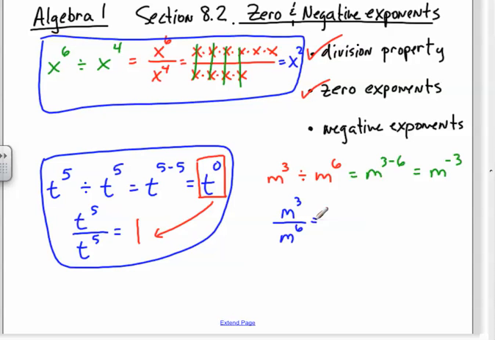All right, let's figure out what that equals then. It's going to be m times m times m over m times m times m times m times m times m, with multiplications between them. This one cancels, this one cancels, this one cancels. And I'm left with, oh, Mr. C, I'm left with 0 over m cubed. No, you're not left with 0. What's on top? 1 over m cubed.